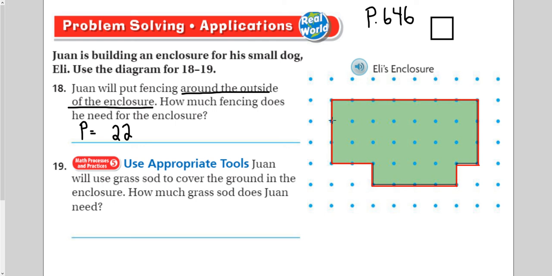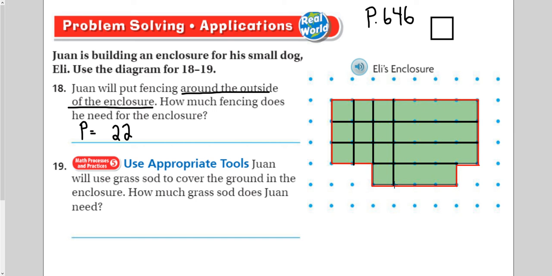So if we, again, kind of look at our grid, and we're going to count the inside. All we need to do is count up the inside.